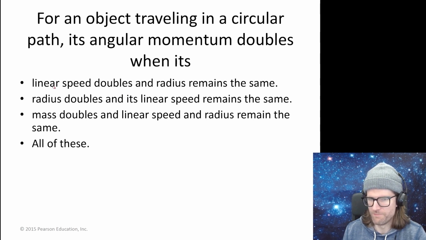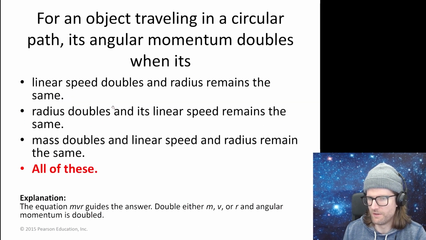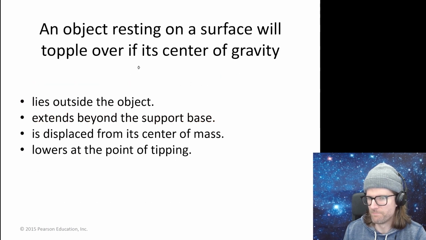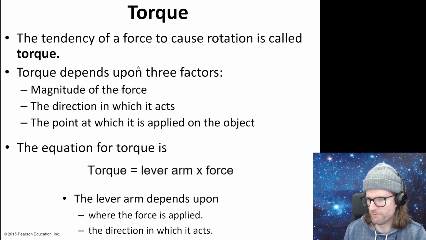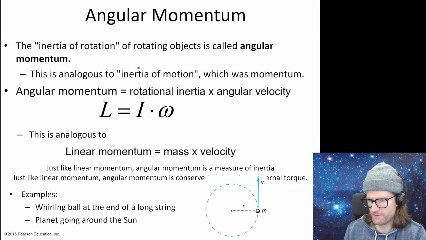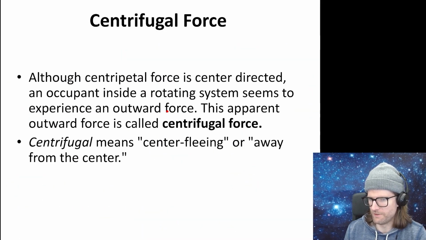Okay, so let's look up how this relates to linear speed. We're talking about angular momentum, and about speed doubling. So we're going to go all the way up to the formulas. L is equal to I omega. And what's omega? Omega is angular speed.